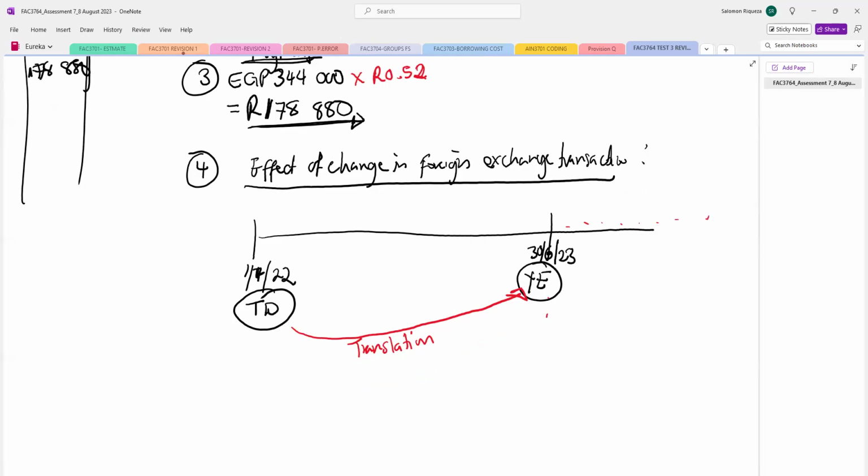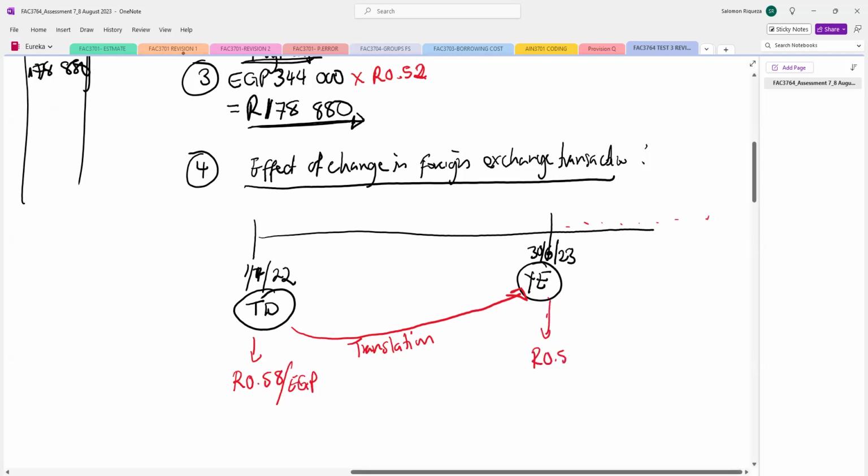If we check here in the beginning, it was 58 cents per Egyptian pound. And then when you get here now, it is now 52 rands per Egyptian pound. These were the values, and the average value is used for the interest calculation.